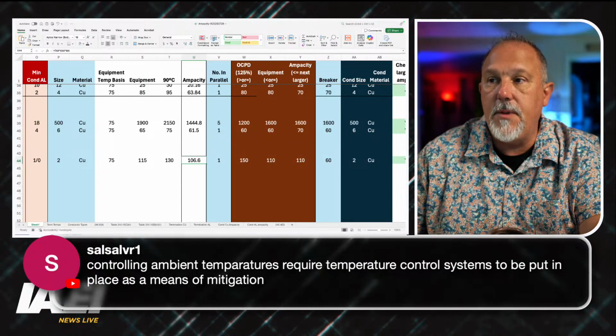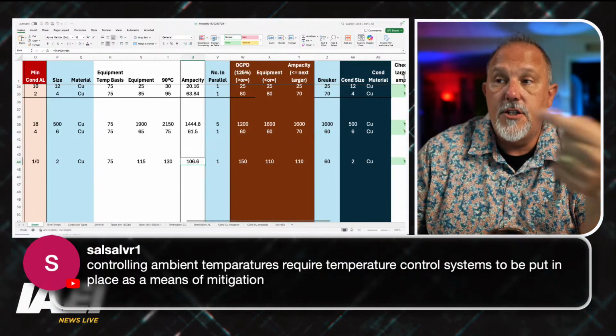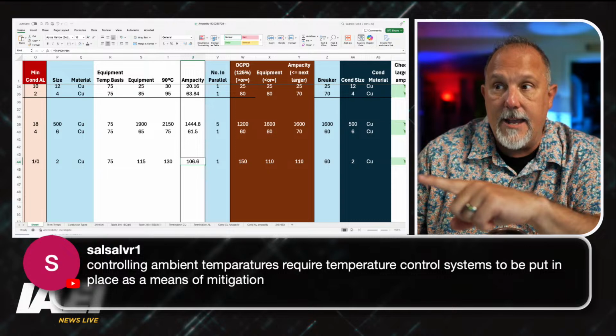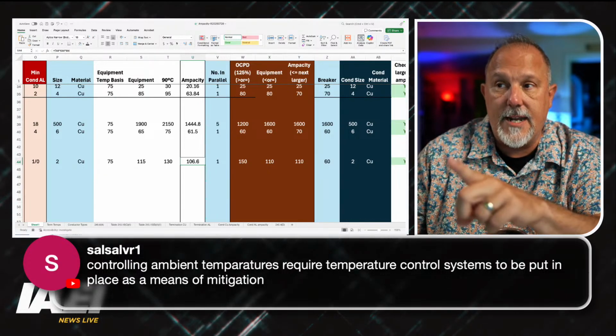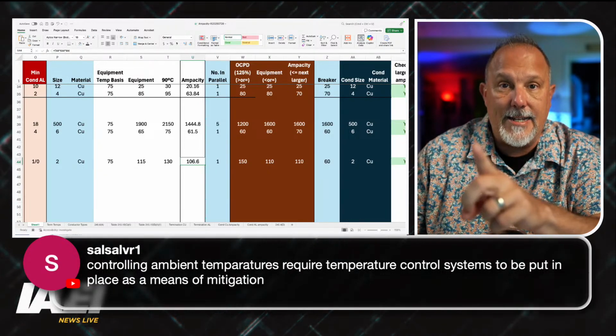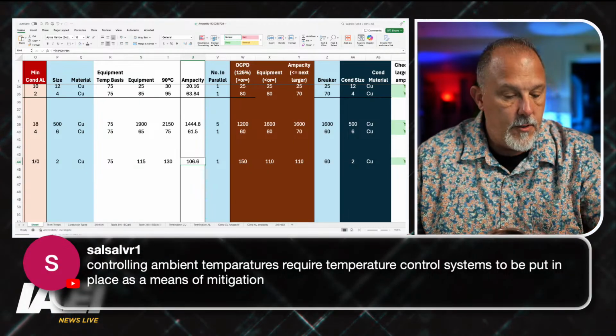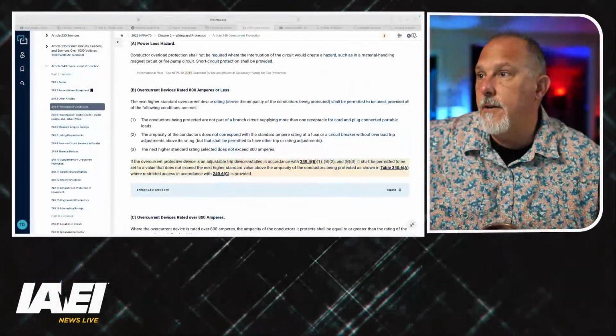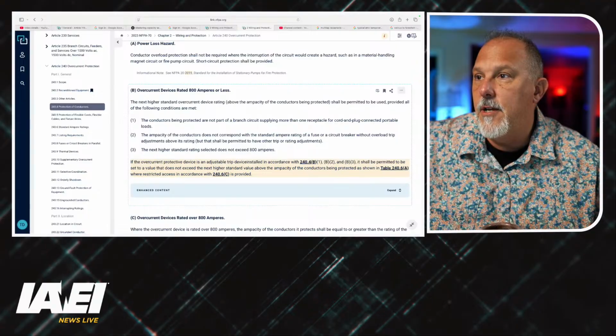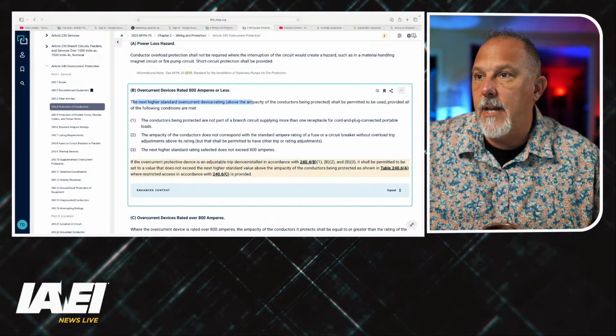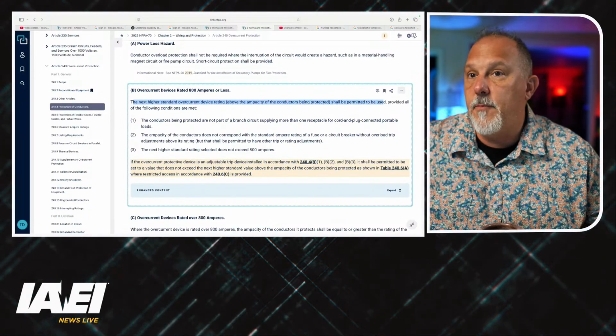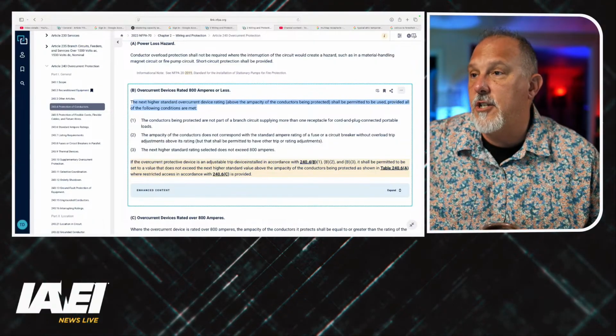So 240.4(B) would give me the permission to go to a 110 amp circuit breaker to protect this conductor at its ampacity. So over here, it says the next higher standard overcurrent device rating above the ampacity of conductors shall be permitted to be used, provided all of the conditions are met.